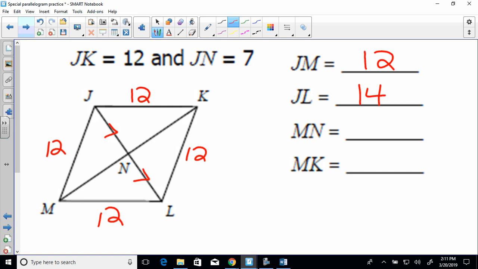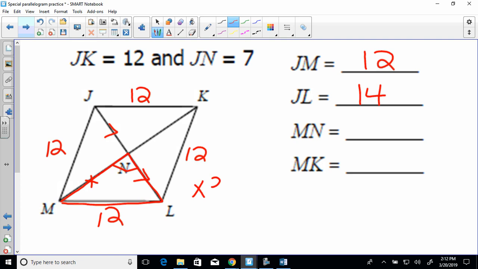So now we need to find MN. And I don't want you to think that MN is going to be the same as JN and NL, but this is what we can figure out. If we know this is 7, and we know the diagonals cross at a 90-degree angle because they're perpendicular, then in order to find MN, I have this right triangle right here, where 12 would be the hypotenuse and 7 would be a leg and MN would be another leg that we're looking for.